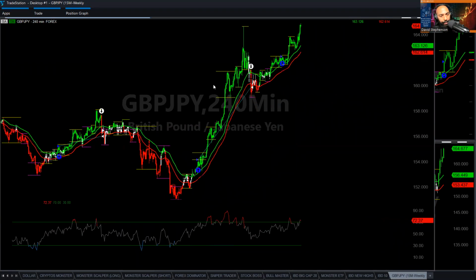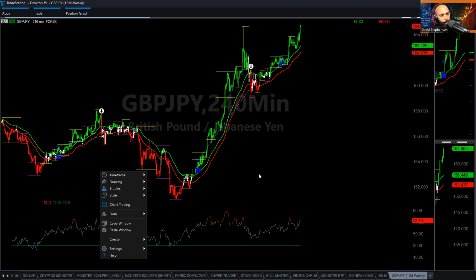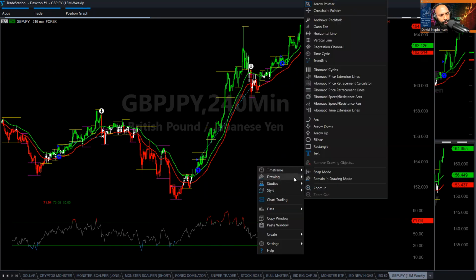We're looking for reversals, okay? Look at this. Is that RSI standard, or did you program it your way? No, it's standard on TradeStation.